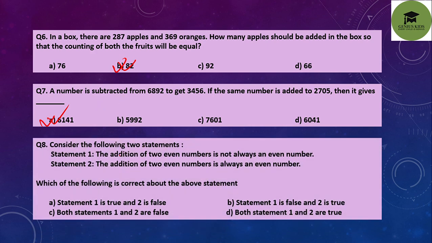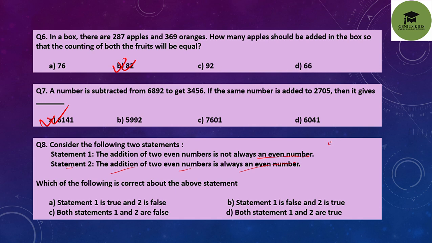Consider the following two statements. Statement 1, the addition of two even numbers is not always an even number. Statement 2, the addition of two even numbers is always an even number. Now let's see, friends, this is also a property of addition of numbers. Even numbers are the numbers that are divisible by 2, and there is no remainder.